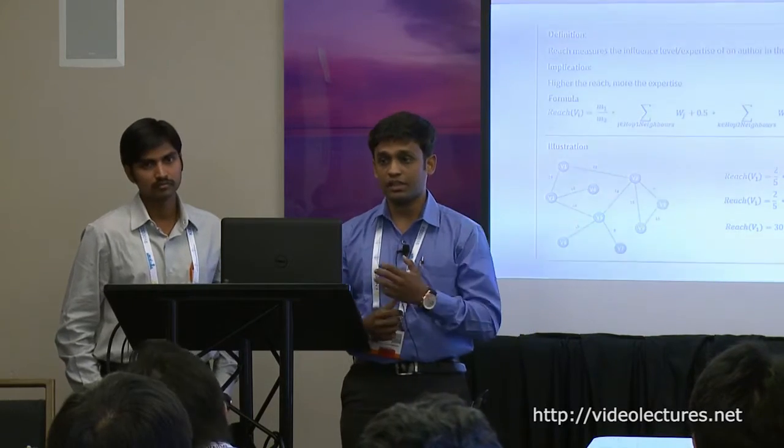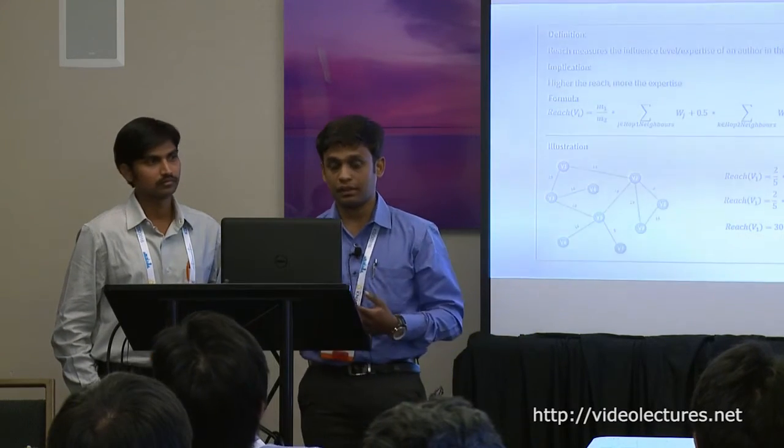Let me quickly walk into the first feature, reach. We have come up with an algorithm to determine the influence level of each and every author given the author collaboration network.